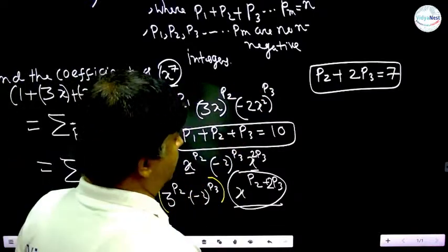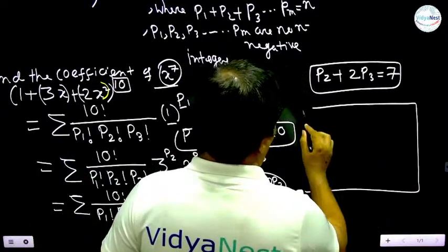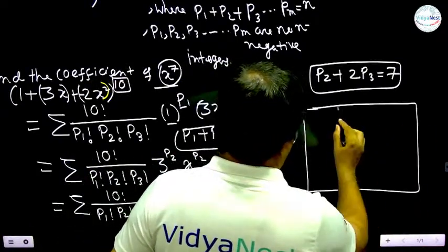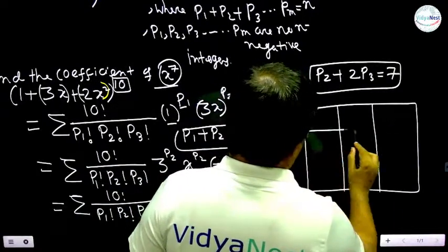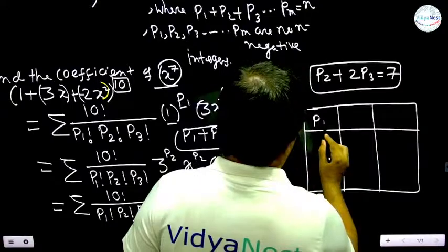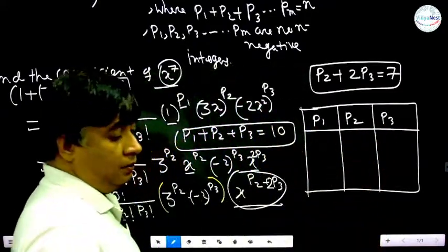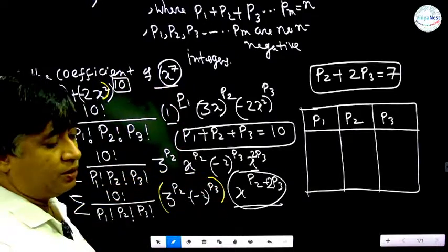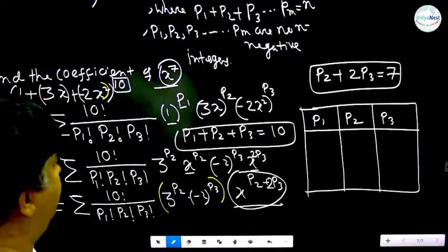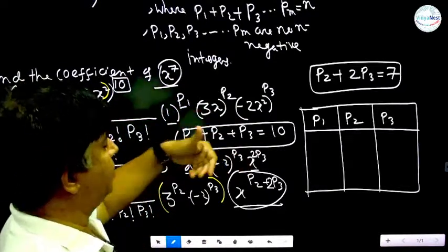And for this we will make a table. Let us make one table: P1, P2, P3. Because two equations are given and three variables, we have to choose a number randomly and solve.